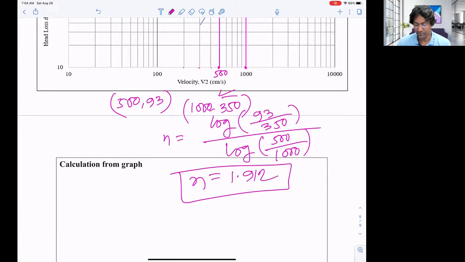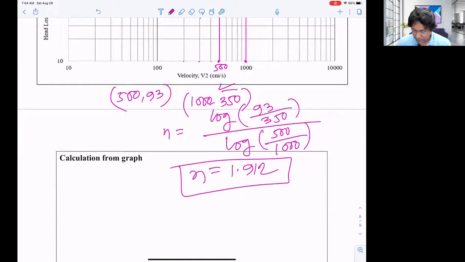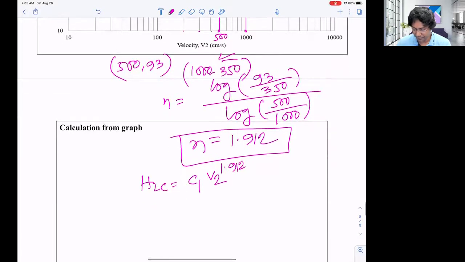So that's okay. The actual value is 2. So let's find, because we know that HLC is equal to C1 V2 to the power 1.912.